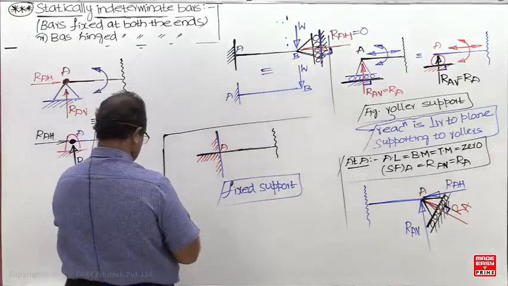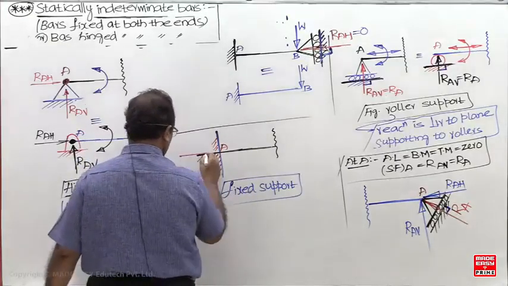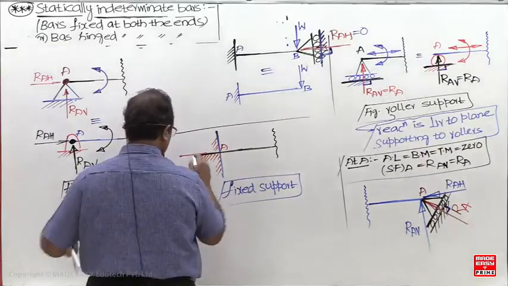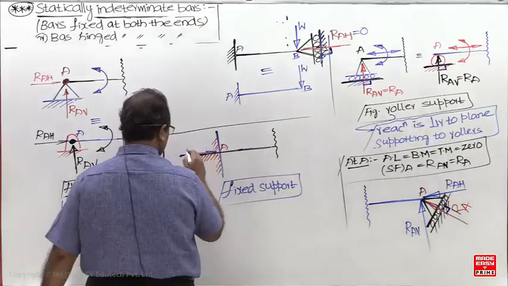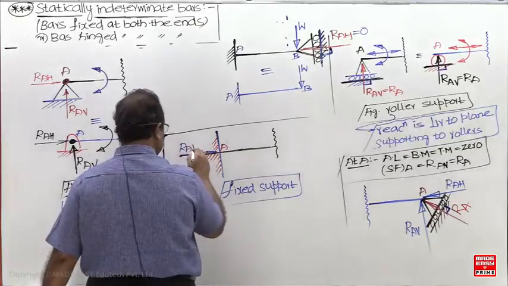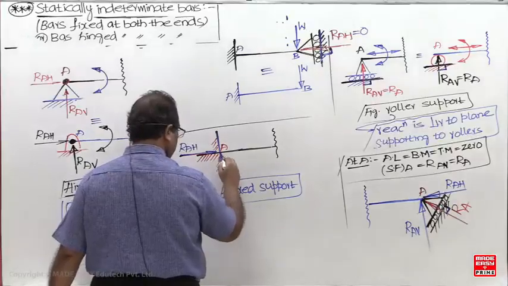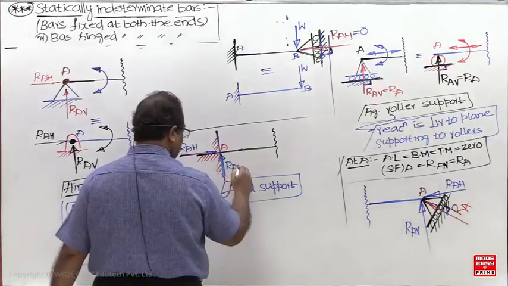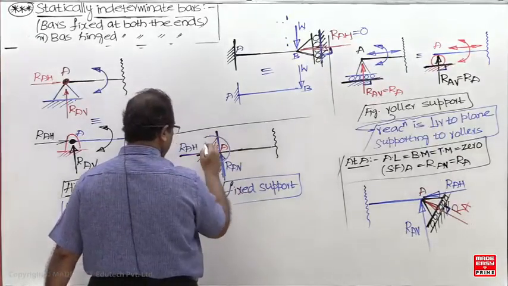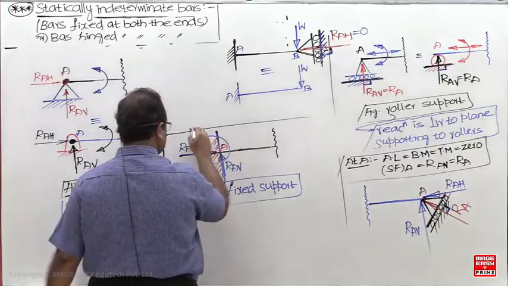So here a horizontal reaction will exist, a vertical reaction will exist, and a moment reaction will exist.